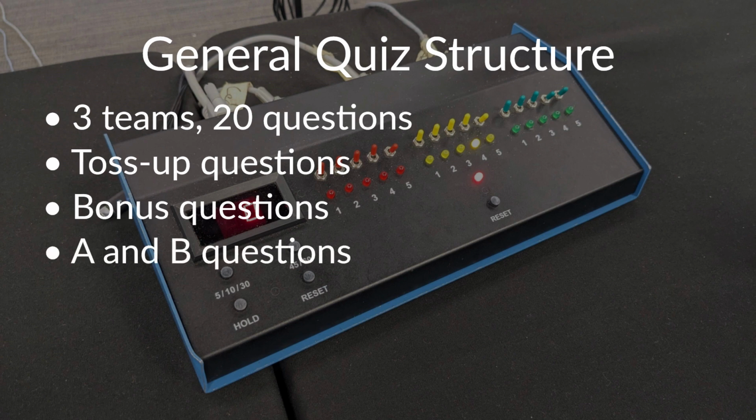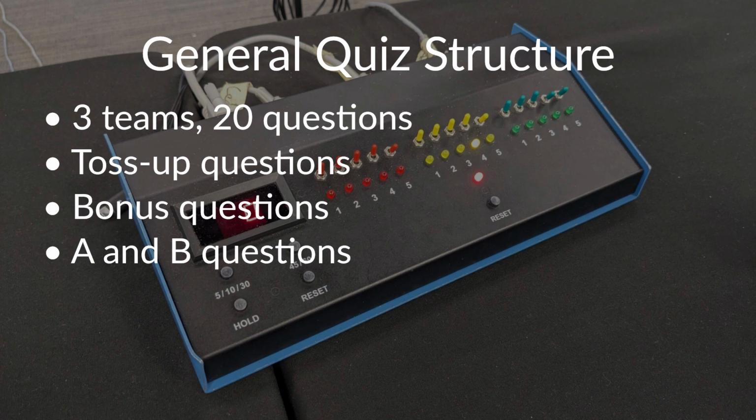For the last 5 questions of a quiz, questions 16 through 20, toss-ups and bonuses are handled differently. Instead of moving to the next question after an error, for example, going from 16 to 17, the question number stays the same, but an A or B is added, for example, going from 16 to 16A. A and B questions are independent from the other questions in a quiz.